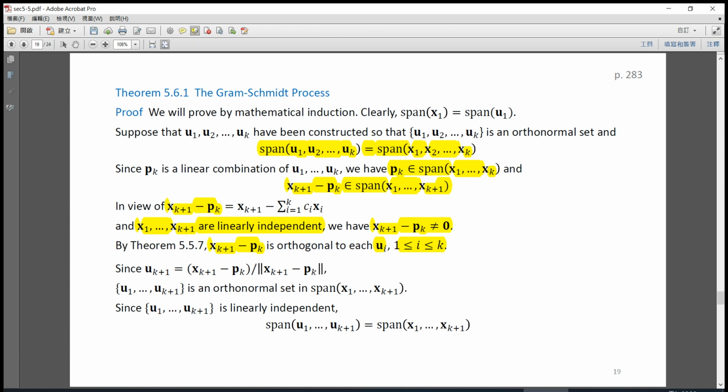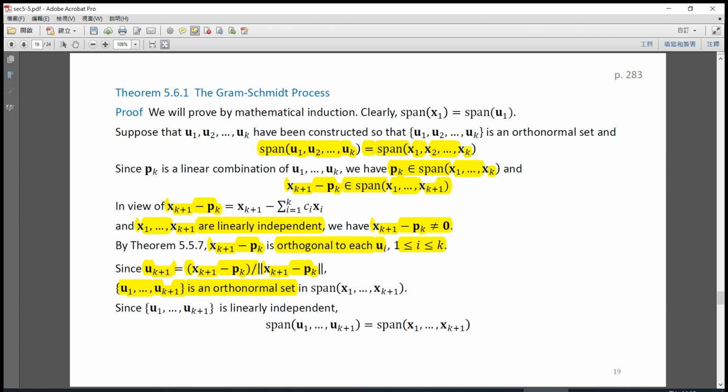And because xk plus 1 minus pk is not the zero vector, we can define uk plus 1 as xk plus 1 minus pk divided by its norm. And we have u1, u2, up to uk plus 1 is an orthonormal set because uk plus 1 is orthogonal to each ui for i from 1 up to k.